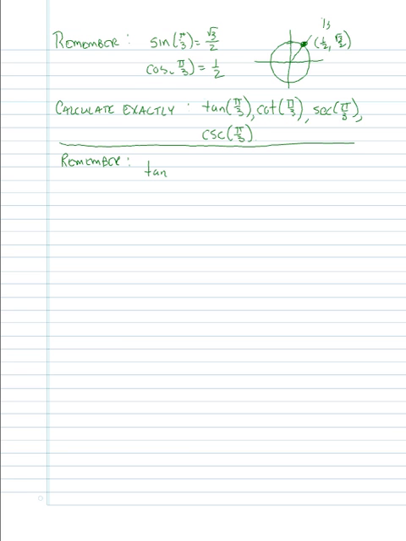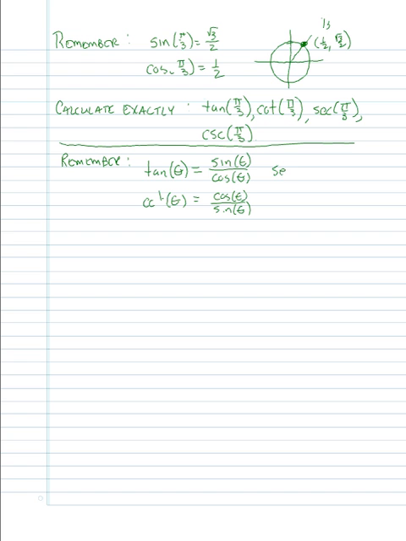The tangent of an angle theta is the sine of that angle divided by the cosine of that angle. Also remember that the cotangent of theta is the cosine of that angle divided by the sine of that angle.